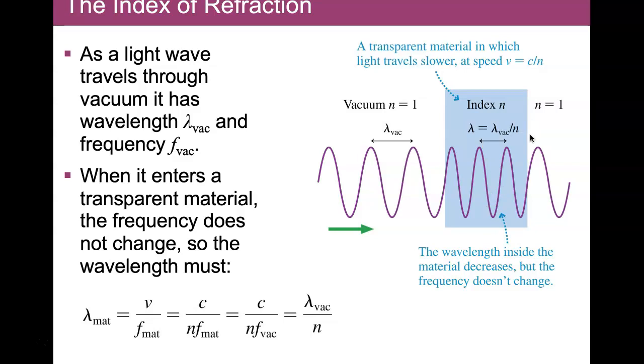But it's easy to figure out. So lambda is speed divided by the frequency. If the frequency doesn't change and the speed goes down by a factor of n, lambda gets divided by n. You have a smaller lambda that's shortened by a factor of n, the index of refraction of that material, when the wave is traveling inside that material.